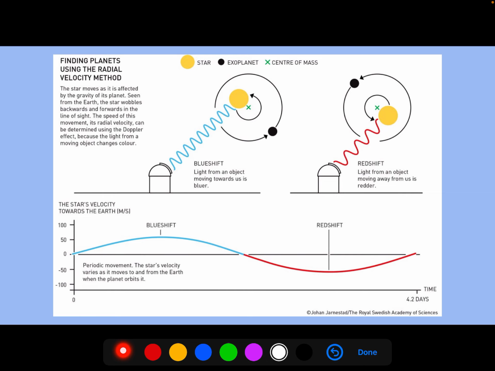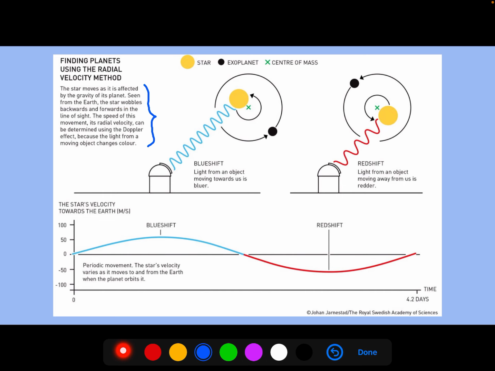And so you can see here in this little paragraph on the side, the star will wobble backward and forward in the line of sight. And the speed of that movement can be determined by using the Doppler effect.